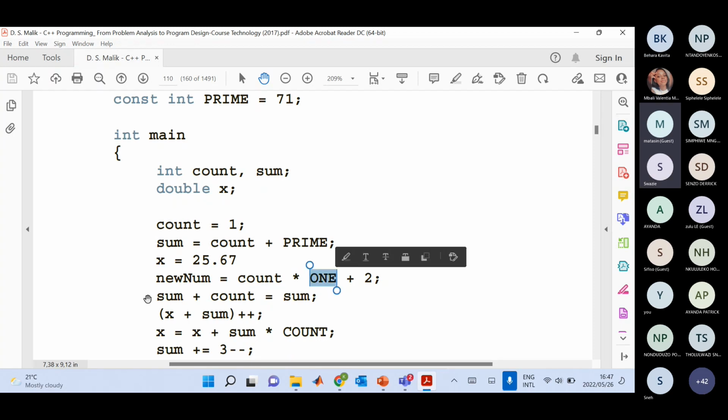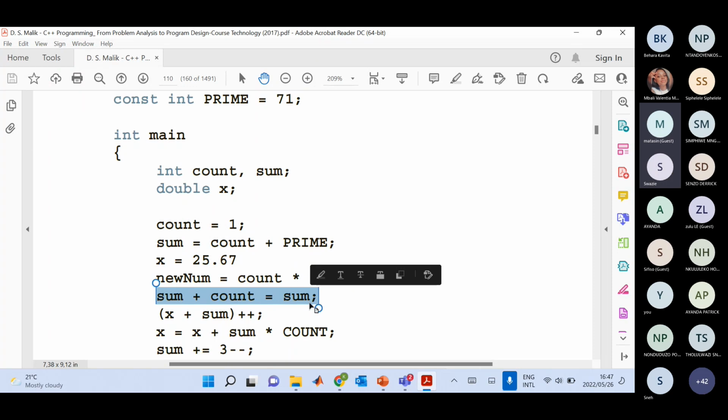Yes. What is the mistake in this one? Remember I said when you are doing that, it is variable equals to expression, not expression equals to variable. So it needs to be sum equals to sum plus count.